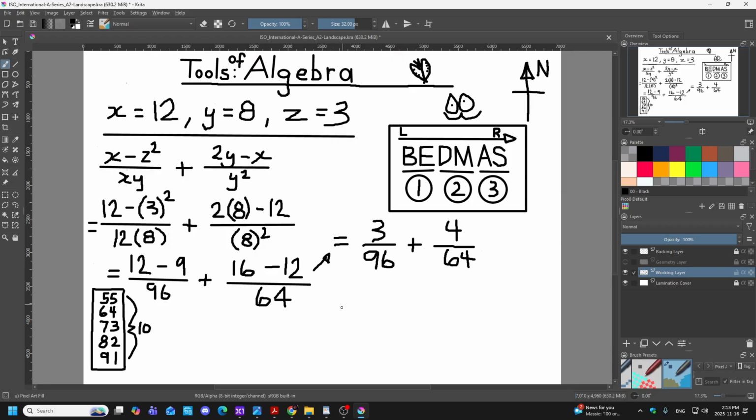I know 3 is going to go into 96. Okay? We'll just do it quickly. 3 times 3 is 9. That's 0, right? Bring down the 6. 3 times 2, right? 32 times 3. Okay, so I'm left with, I'm factoring 3, right? So I'm left with 1 over 32. Because the 3's cancel, right? See that?